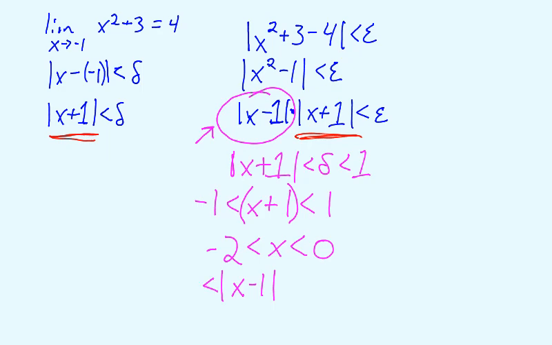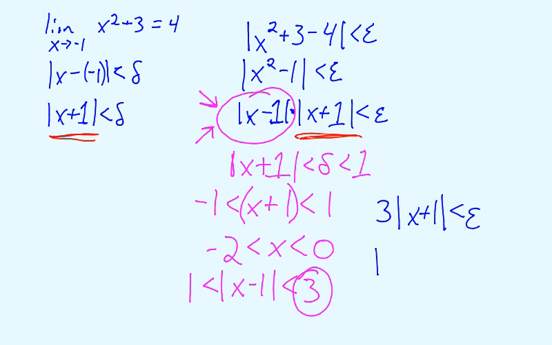Plugging this back into my absolute value of x minus 1 will give me possible answers of anywhere between 1 and 3. Now remember, I'm looking for something smaller than, so I'm going to pick 3 as my substitute for the term x minus 1. Plug this back into my epsilon definition and solve for the absolute value of x plus 1.